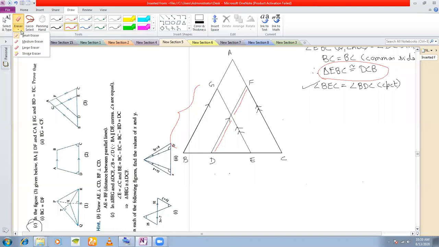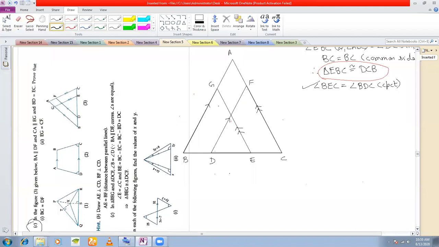Let's see how to prove. First of all, you need to identify which triangle I need to prove as congruent. So how will I identify? BG equal to DF.